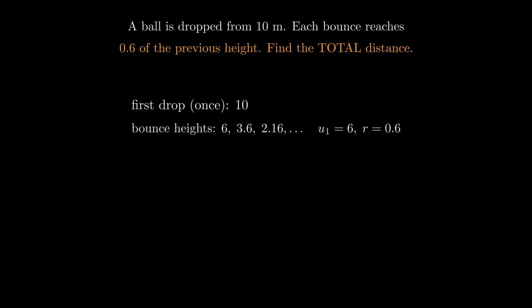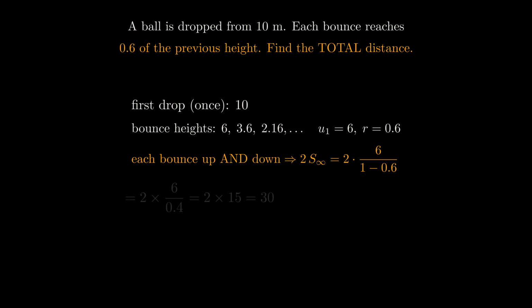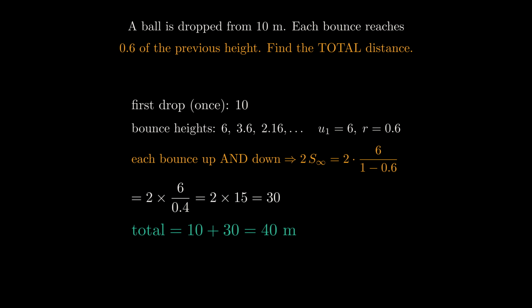Because each of those heights is climbed and then fallen, we take twice their sum to infinity. 2 times 6 over 1 minus 0.6. 6 over 0.4 is 15. Doubled is 30. Add the original 10-meter drop, and the ball travels 40 meters in total before it comes to rest. The whole distance of an endless bounce, a finite 40 meters.